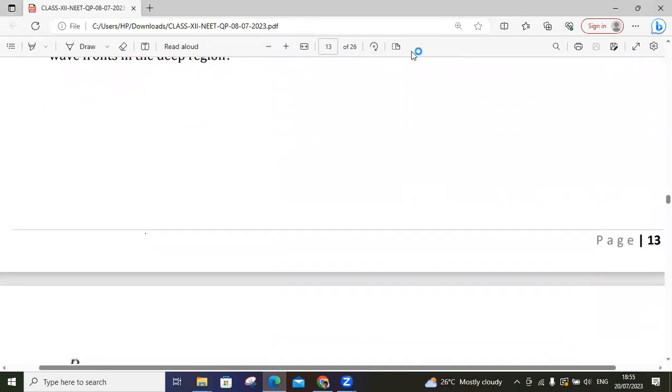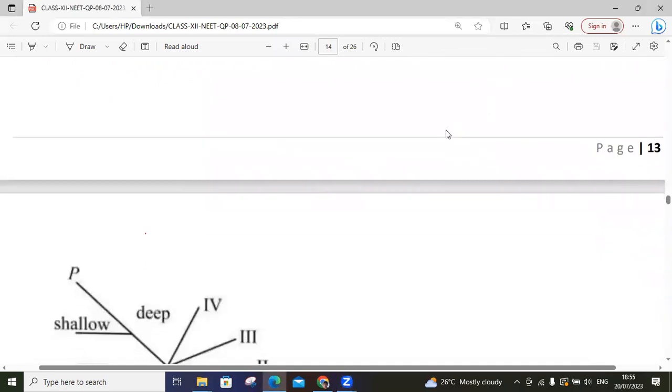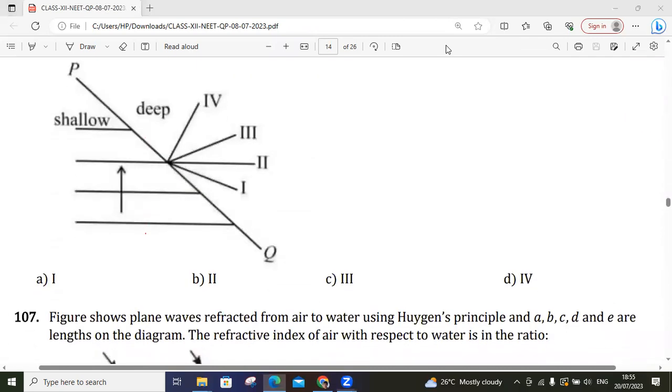So in this direction wavefronts are moving. So these are the wavefronts which are moving in this direction. How will the wave be moving?